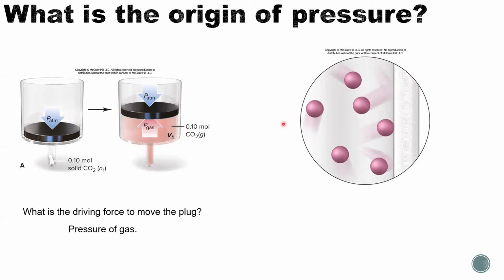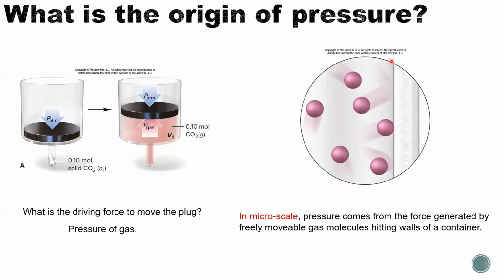When thousands of these molecules hit the wall, we're creating a force, and correspondingly, we're creating the pressure. So in microscale, pressure comes from the force generated by freely movable gas molecules hitting the walls of a container.